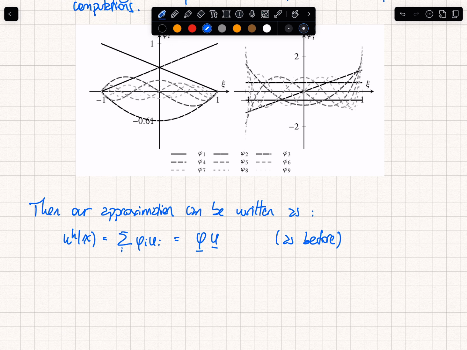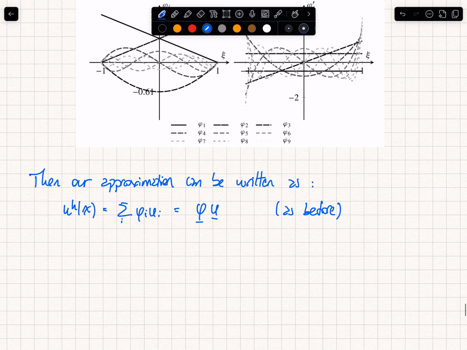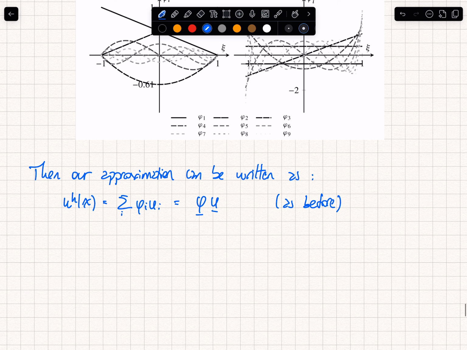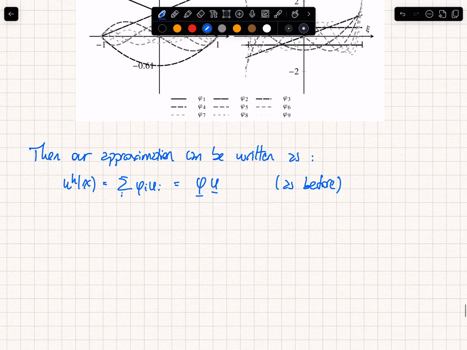Where you notice that nothing really has changed. In fact, it is exactly the same approximation that we use for standard FEM, just that now, depending on the order of the approximation, we're going to have many, many more terms.